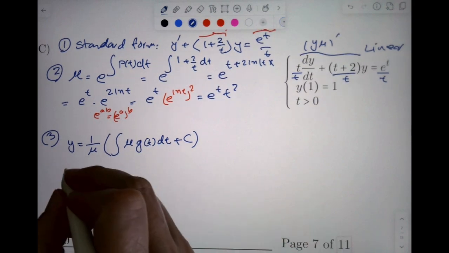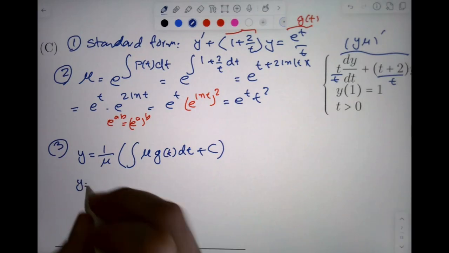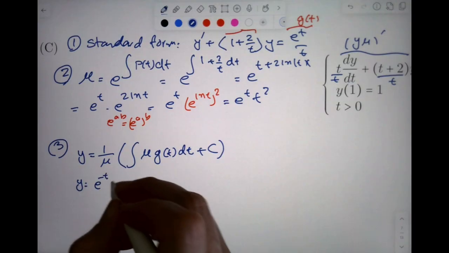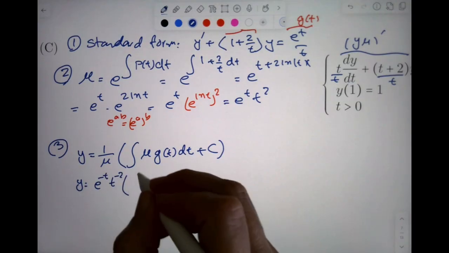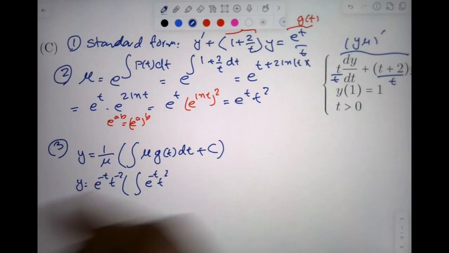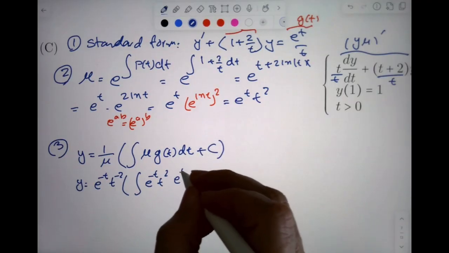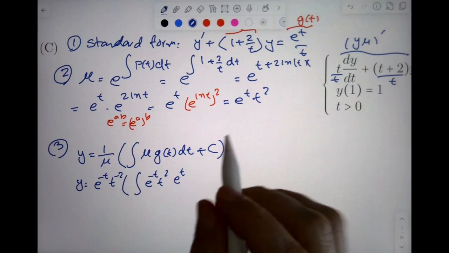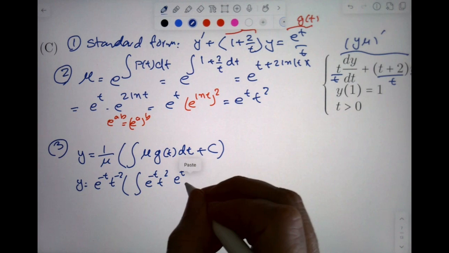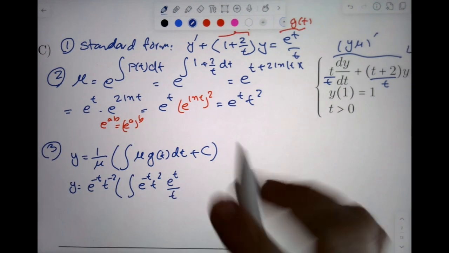So what I end up with here is y equal to the reciprocal of this, e to the power minus t, t to the power minus 2, integral, again, I will have e to the power minus t, t squared, and g of t is also e to the t divided by t, right?